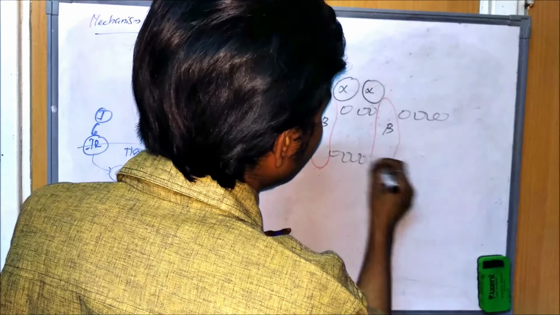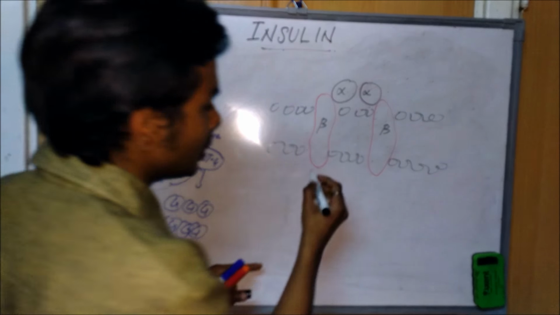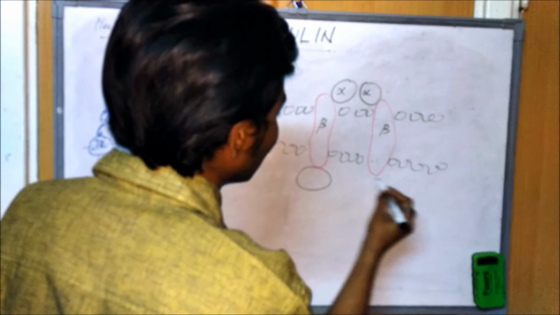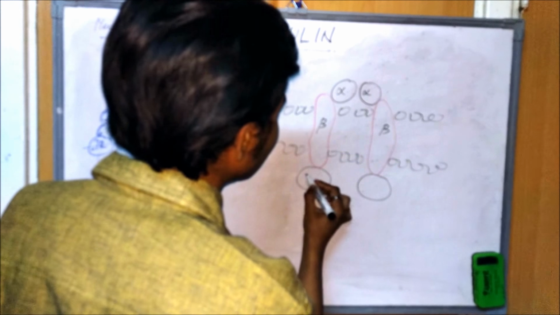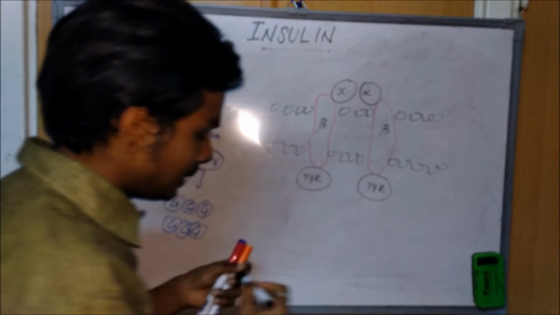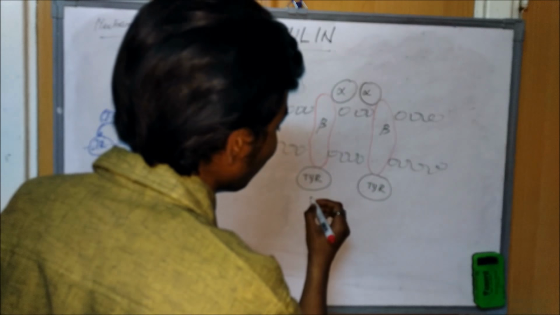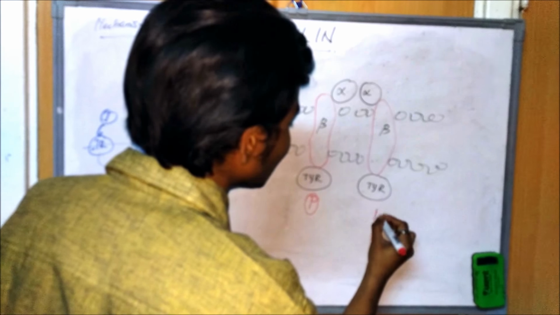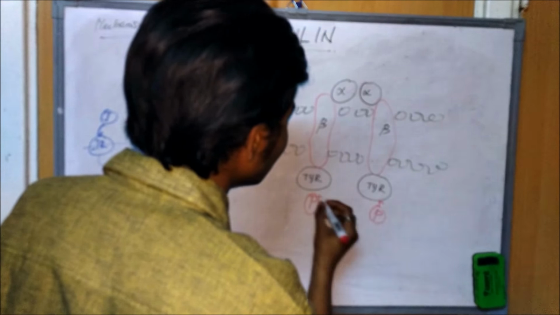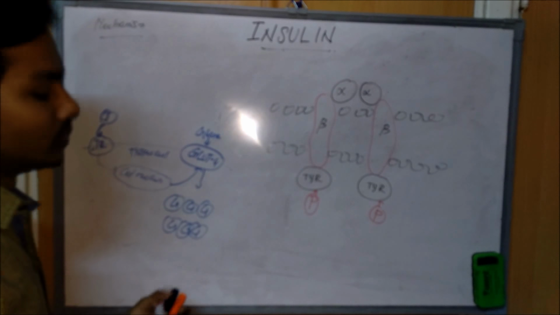It will look exactly like this. Under the beta chain, there will be a tyrosine kinase. In the tyrosine kinase, there is a presence of phosphate. When the phosphate is attached to the tyrosine kinase, it will activate.